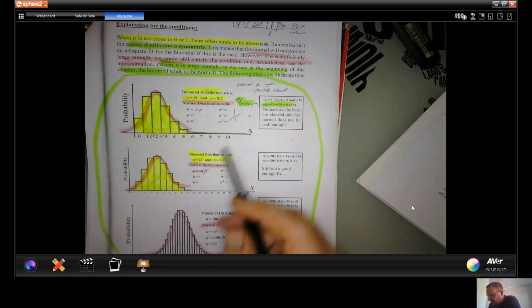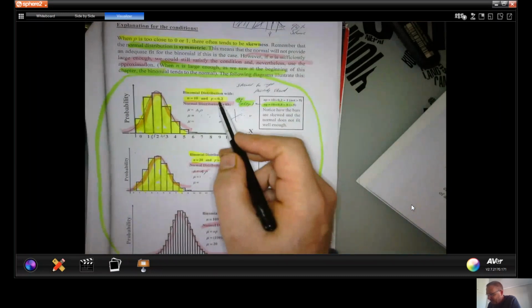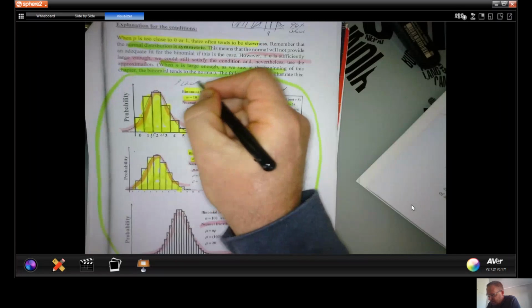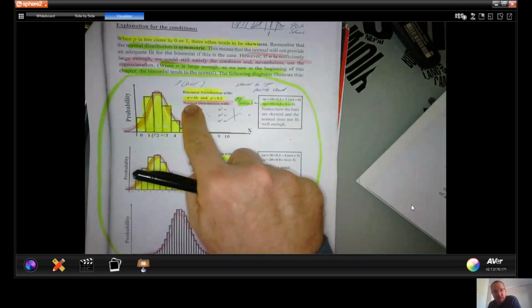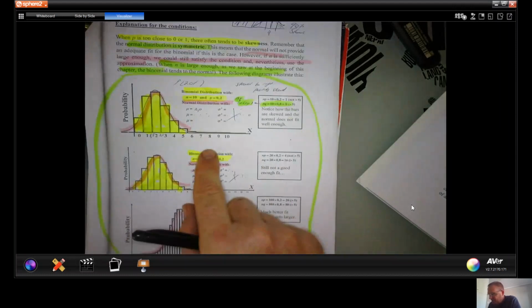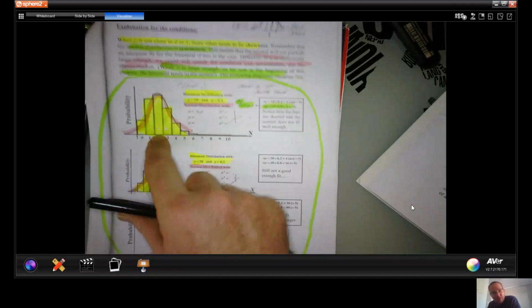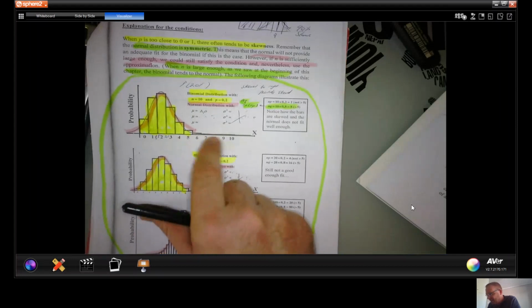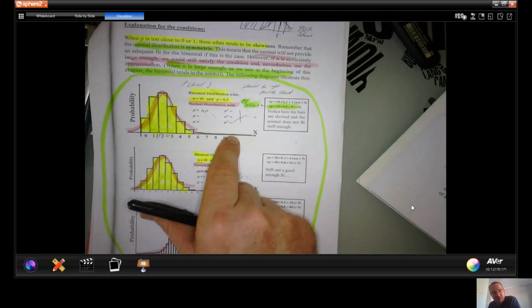If I looked at this with some sample, let's say the probability of scoring a goal is 20%, so p is equal to 0.2, and the girl took 10 shots, the most likely outcome is that she scores 2 goals, and it goes less and less. The probability of getting 10 is very, very small.